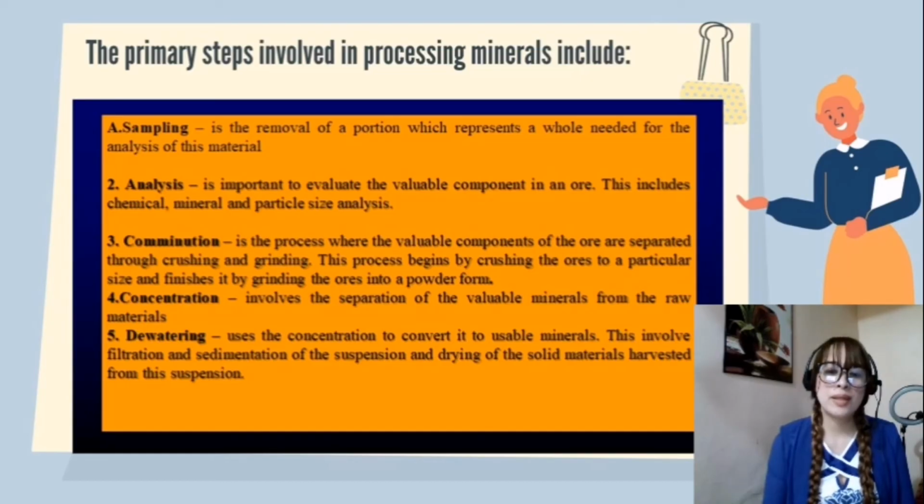So there is a process wherein the valuable minerals taken could still be converted into usable minerals. This involves filtration, sedimentation of the suspension, and drying it to solid materials harvested from the suspension. So there are three procedures here. First is to filter the valuable minerals that they have separated, and then there is sedimentation, and of course suspension and drying of this to become solid form.